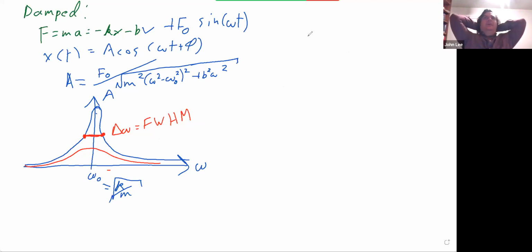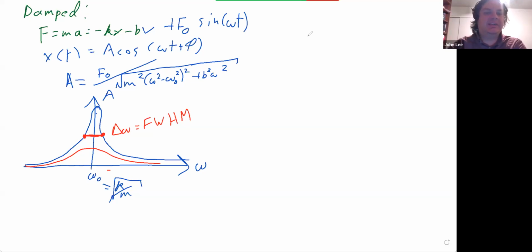For example, if you have a radio tuner, what you want is for it to only pick up a frequency, only have a high amplitude very close to the natural frequency of what you're looking at.